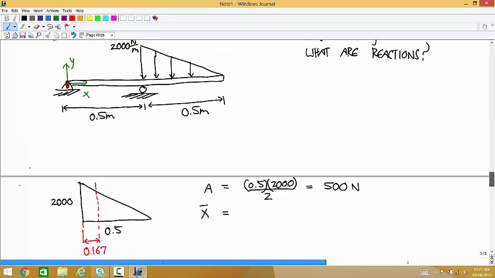And now in this coordinate system, if the centroid is 0.167 to the right of here, what's the x coordinate of that point? 0.6666. Yep, that's right. It's all sixes.